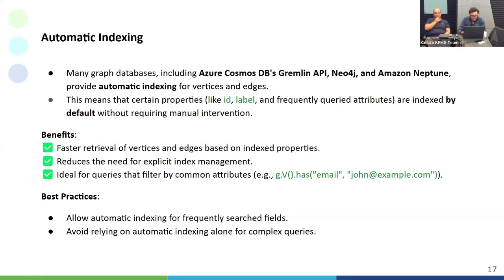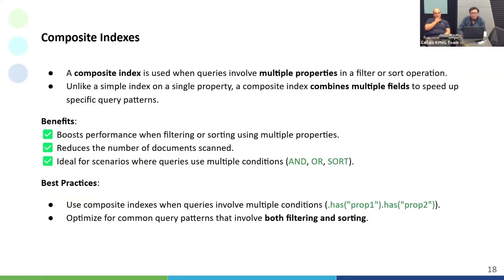Now there is the composite index. A composite index basically means that we don't want to depend solely on automatic indexing. There are some cases where we need special indexing to make our queries faster.